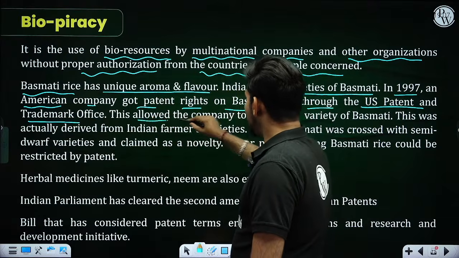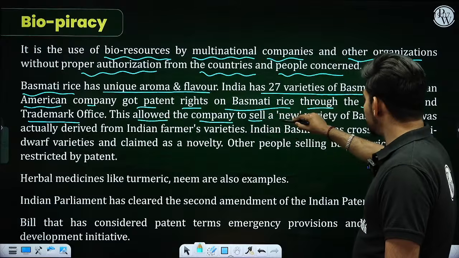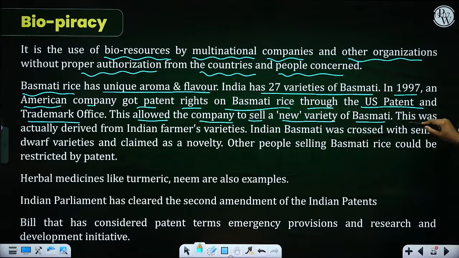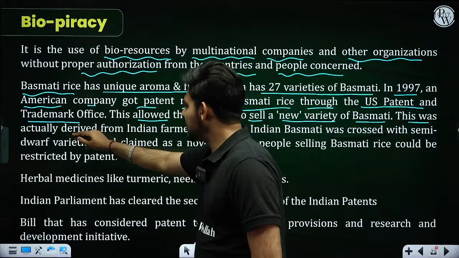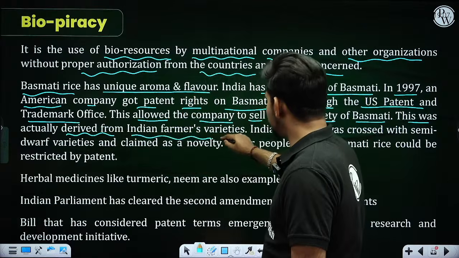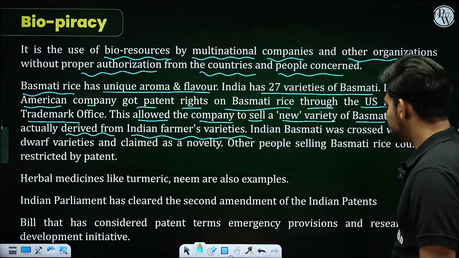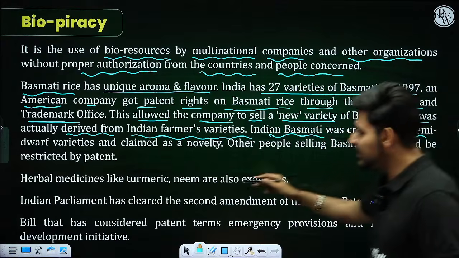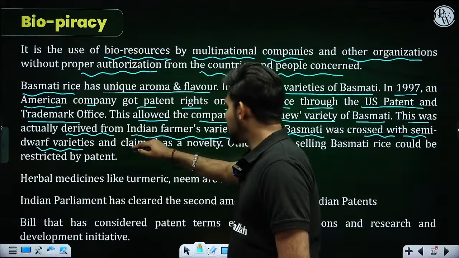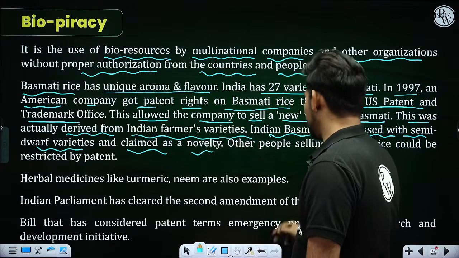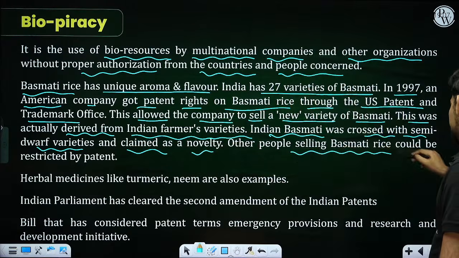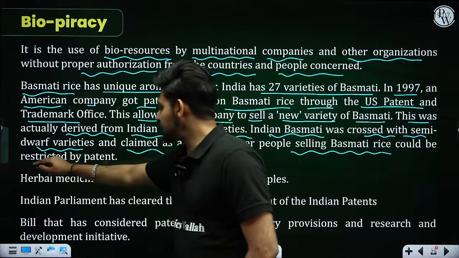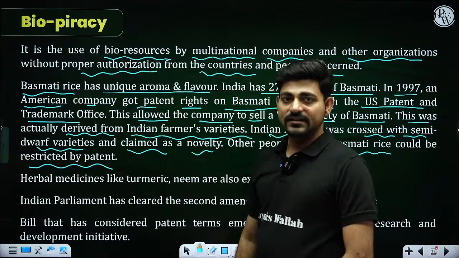Now this allowed the company to sell a new variety of basmati rice. Now this was actually derived from Indian farmers' varieties, right? Indian basmati was crossed with a semi-dwarf variety and claimed as a novelty. So other people selling basmati rice could be restricted by the patent.